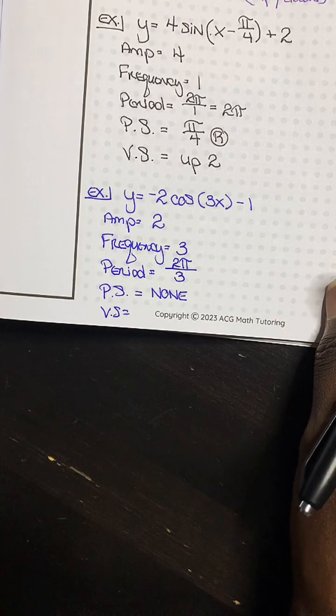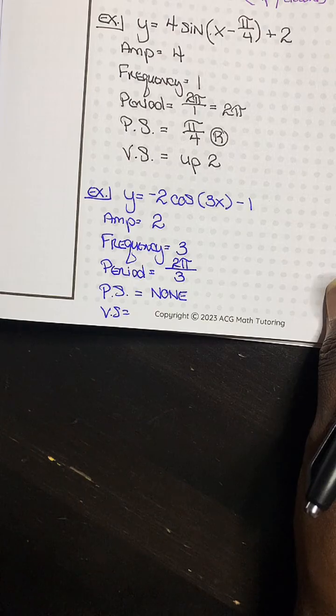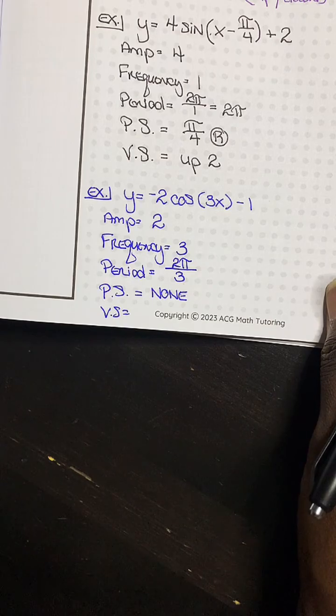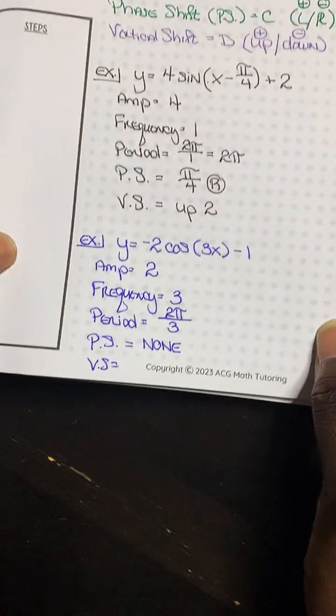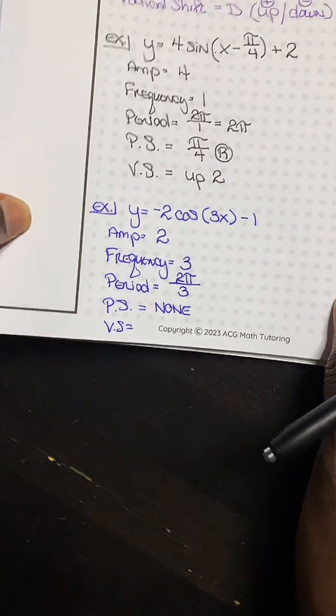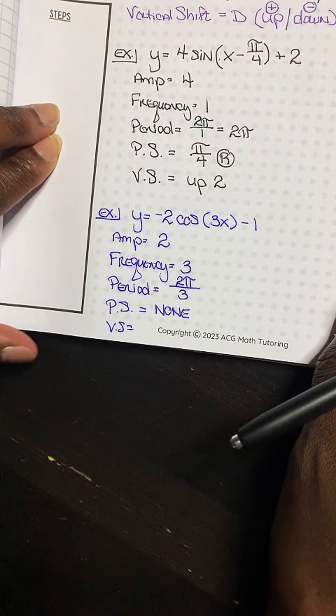All right. So now, our vertical shift. What's our vertical shift? What do you think our vertical shift is? Michael saying -1. User saying -1. Down 1. Good. Down 1.